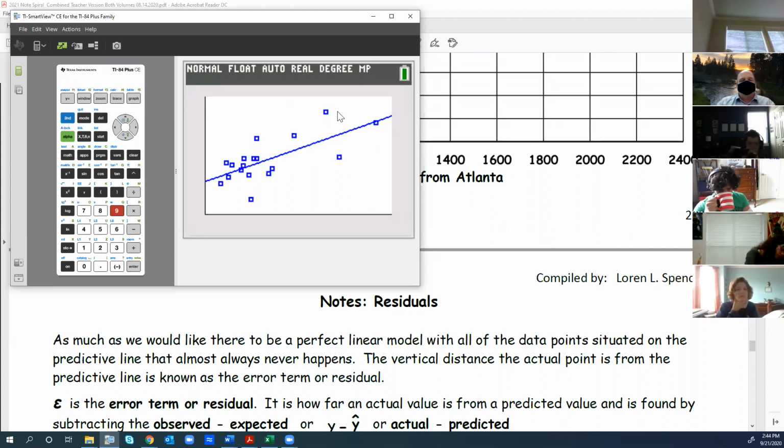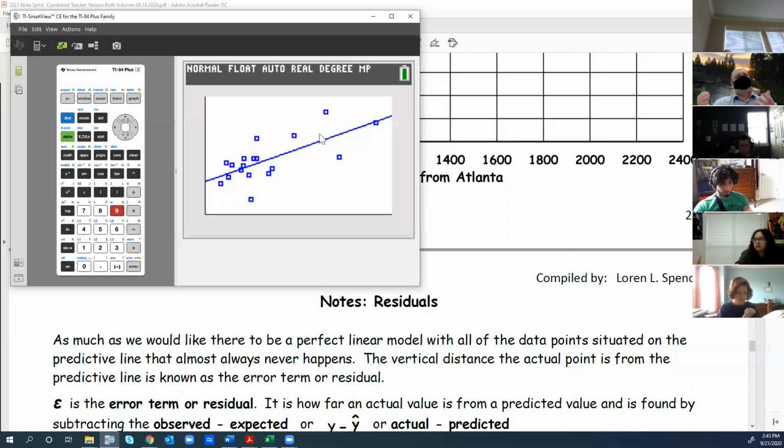Because the residual equation, which is super important that you actually learn this, is observed minus expected, actual minus predicted, reality minus predicted. So I like to use observed minus expected because I know it'll help you with chi-squared later in this class and in biology. You don't have to. You can use actual minus predicted or whatever.